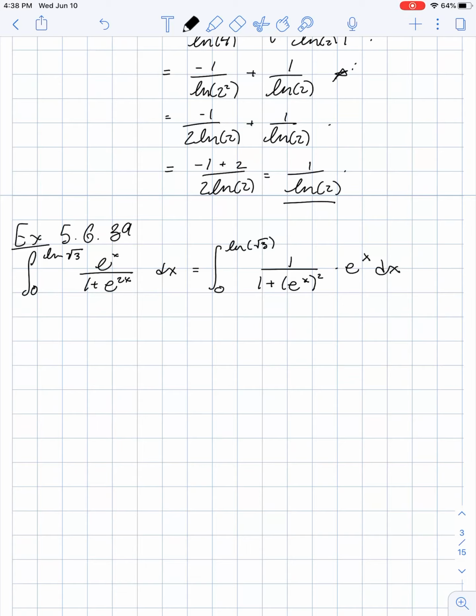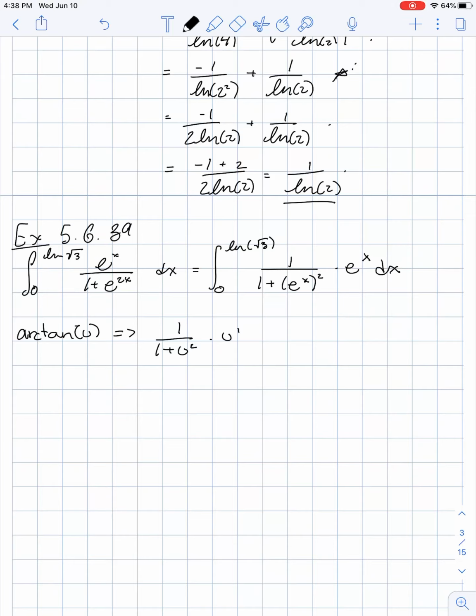So I know that arctan's derivative, arctan of u, that derivative is 1 over 1 plus u squared times the derivative of u, right?